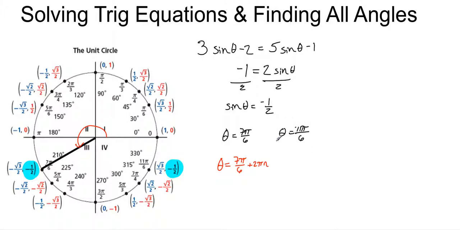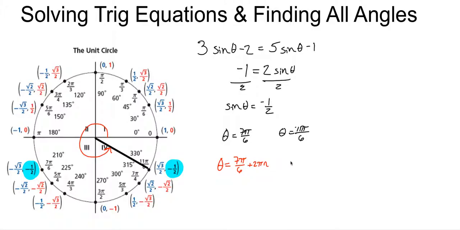My other solution from 11 pi over 6 is the same deal. So if we move this radius over here to 11 pi over 6, and we draw in our angle of rotation theta, which starts here and goes all the way around to there, that's 11 pi over 6 radians. But same thing, if we take this and we rotate all the way around again, we're right back to where we started at 11 pi over 6 radians, or 11 pi over 6 radians plus 2 pi radians.